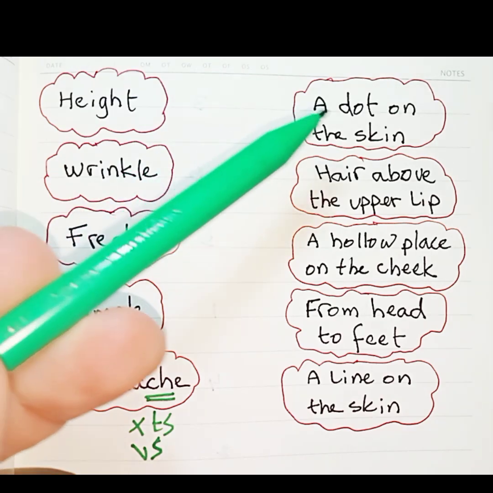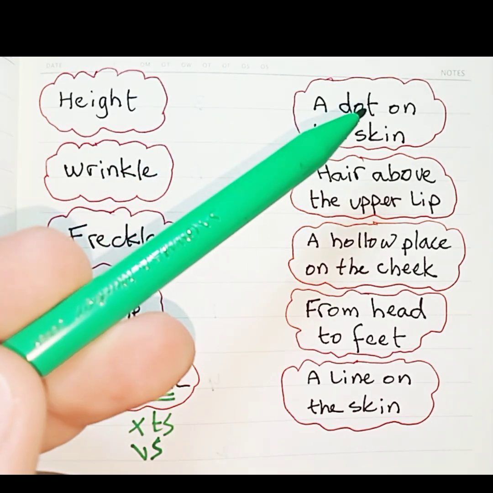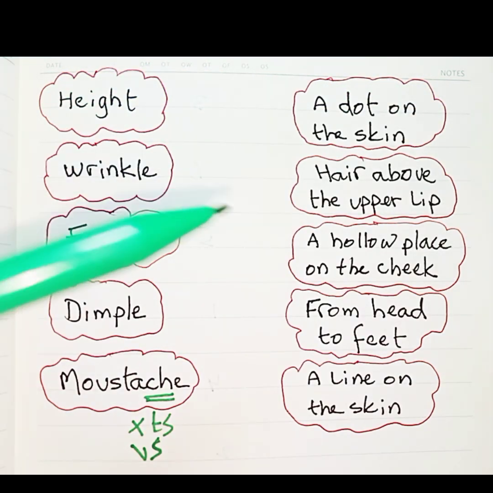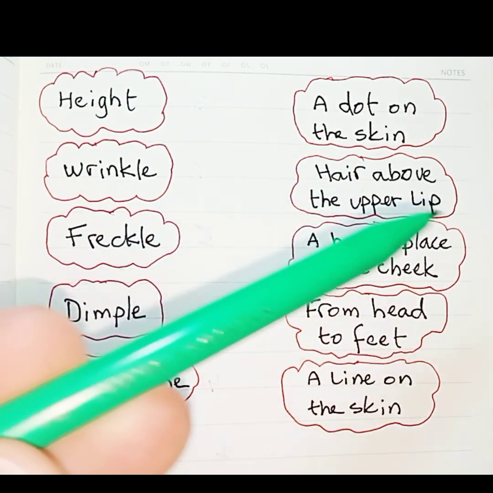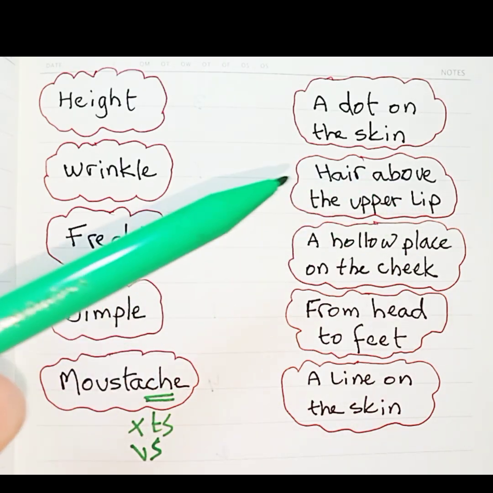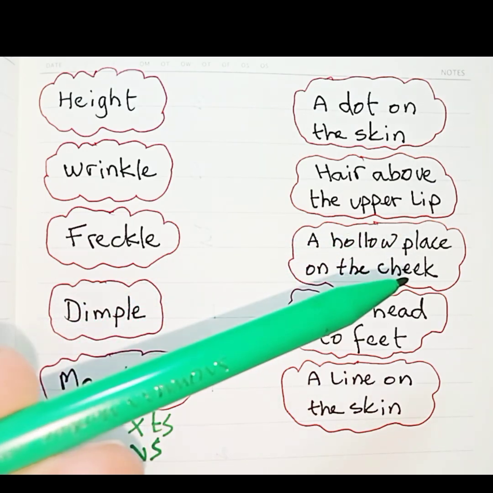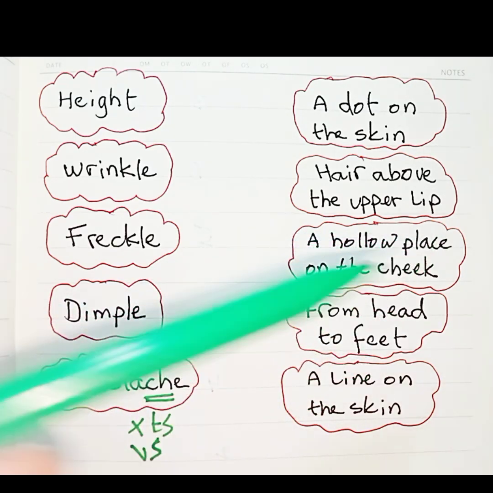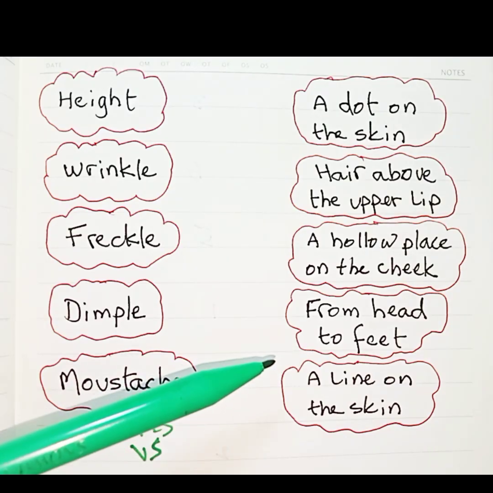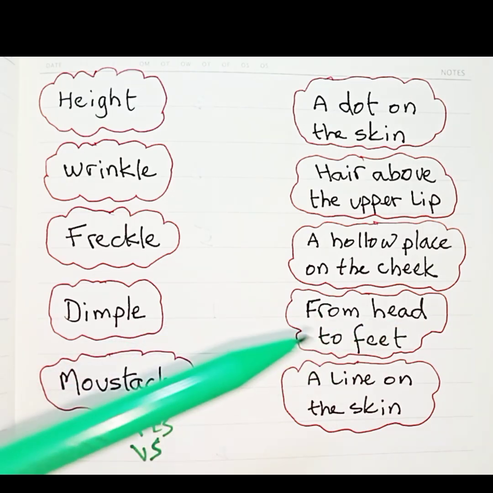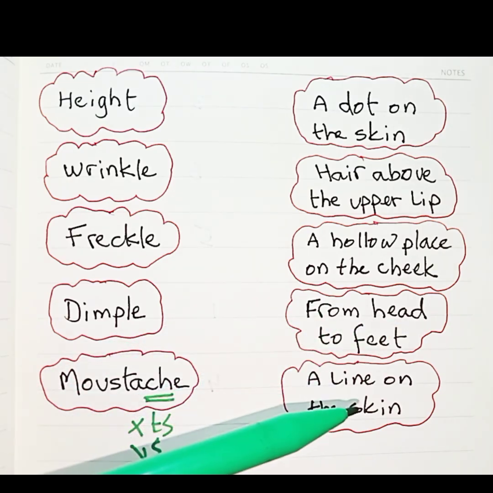The other side, you have a dot on the skin, hair above the upper lip, a hollow place on the cheek, mostly because people press on that when babies, from head to feet, a line on the skin.